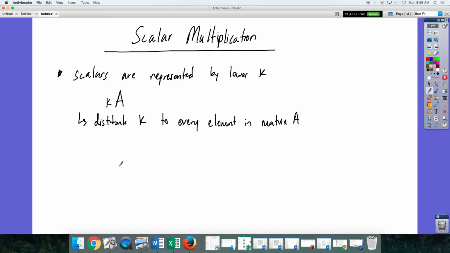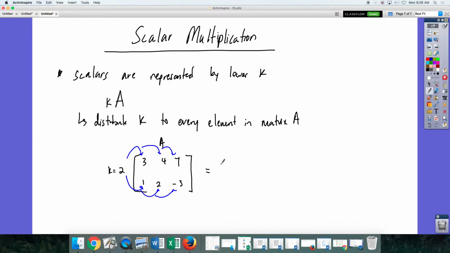So an example would be, k would be 2, our matrix would be A. Alright, so if I have this representation here, all we're going to do is take that 2 and we're going to distribute it everywhere inside the matrix.